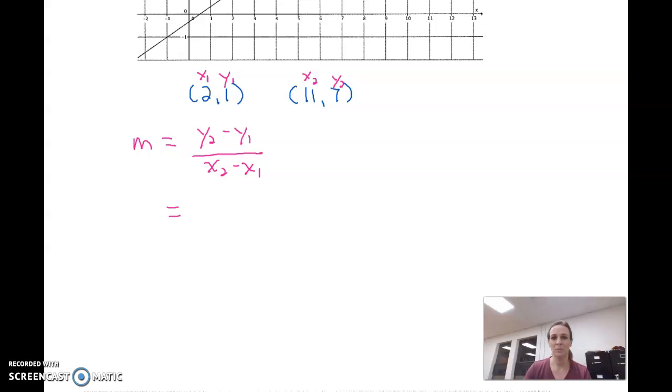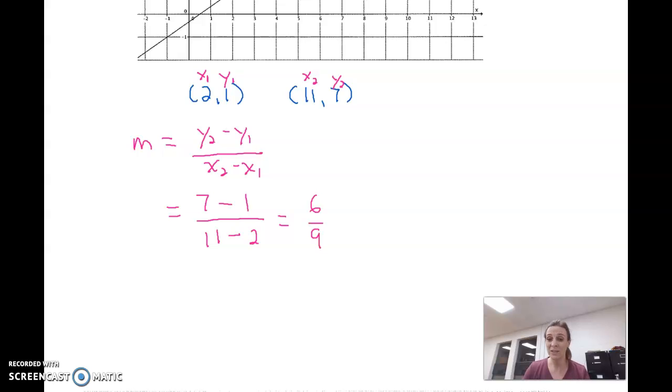So once you have that, you just plug what you know in. My y sub 2 is 7 minus, because it's always subtracting, my y sub 1, which is 1, over my x sub 2, which is 11, minus my x sub 1, which is 2. Now, it can get confusing, so it's really important that, honestly, guys, the more you write down, the easier it is. You don't try to memorize things, just identify things and plug them in. 7 minus 1 is 6, 11 minus 2 is 9.